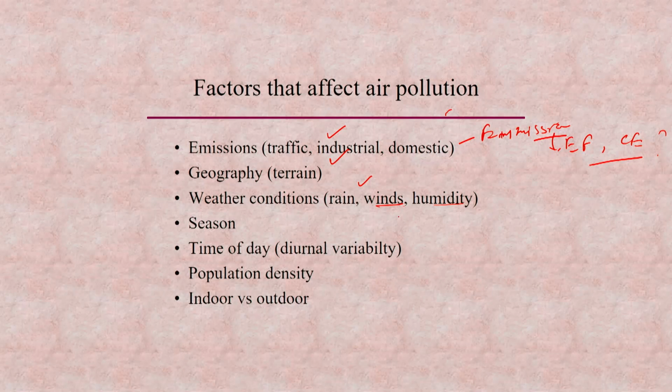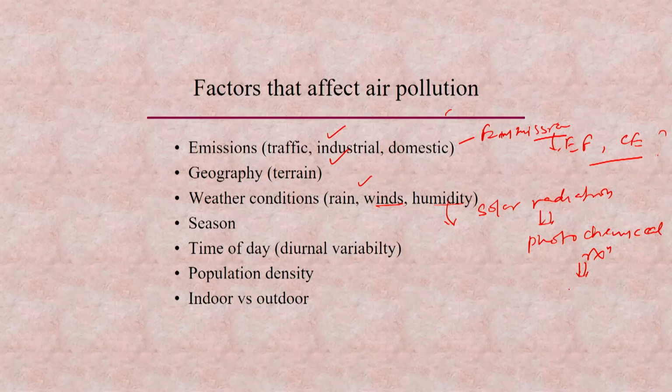These are very important issues, and if you add solar radiation here, we mostly talk about the photochemical reactions that happen. This can cause secondary aerosol formation, and that contributes enormously to air pollution over the location.